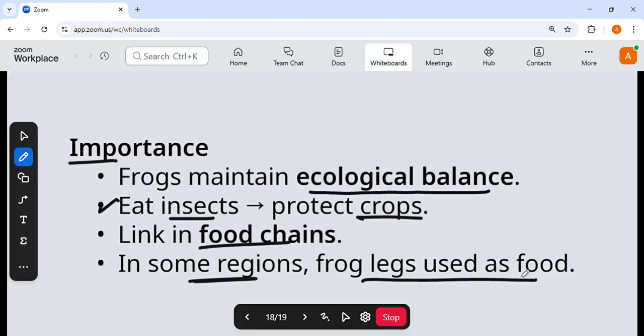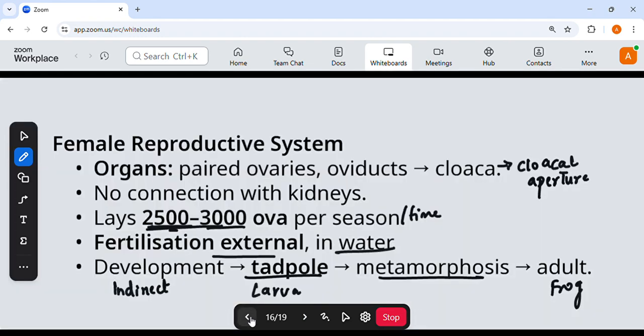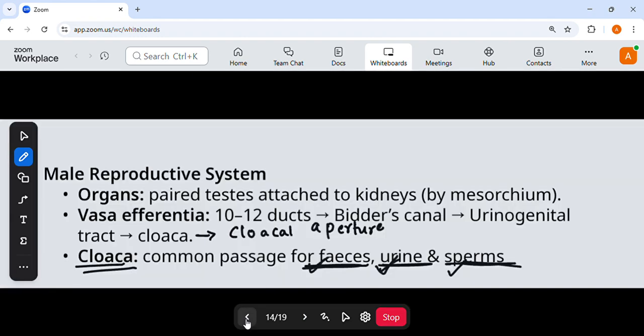Their legs are eaten. Frog legs are used as food. So this was all about the frog. Digestive system: cloaca is the common opening for the digestive, reproductive and excretory systems. Do remember. So, understood the male and female reproductive system? It's very easy, just go through this lecture.